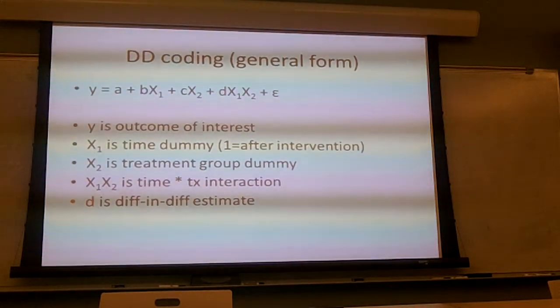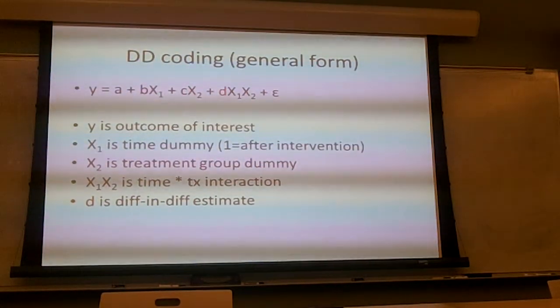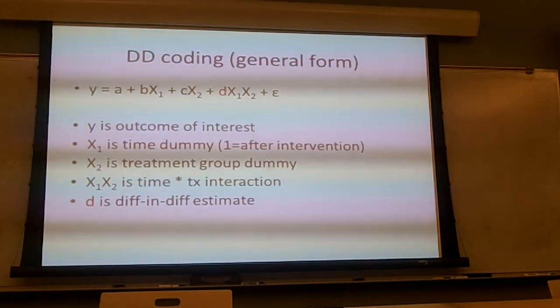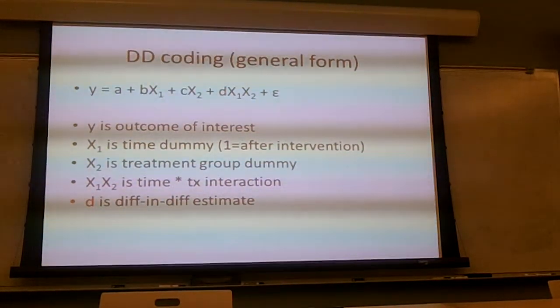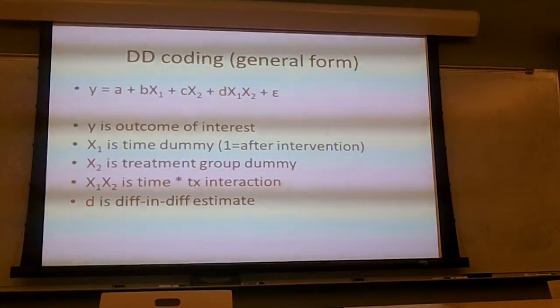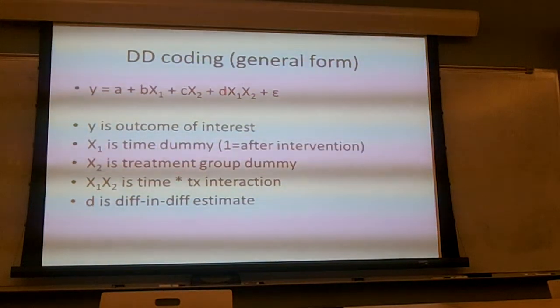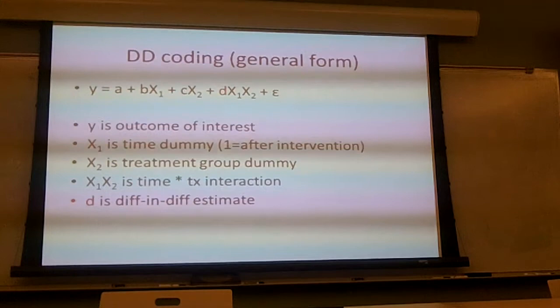So how do we actually code this in terms of a regression framework? It's not hard. Our regression equation is simply an outcome as a function of a linear combination of a main effect for x1, which here I'm calling the time dummy, pre-post, 0 at pre, 1 at post; a treatment group dummy, x2, 0 if control, 1 if treatment; and then x1 times x2 is their interaction term.